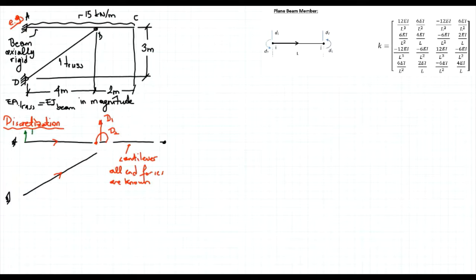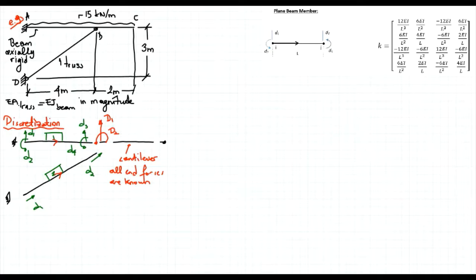Start node, translation D1, rotation D2, translation D3, rotation D4. This is the second member, a truss member, and I got D1 and D2 here. So these are all the degrees of freedom that I have.